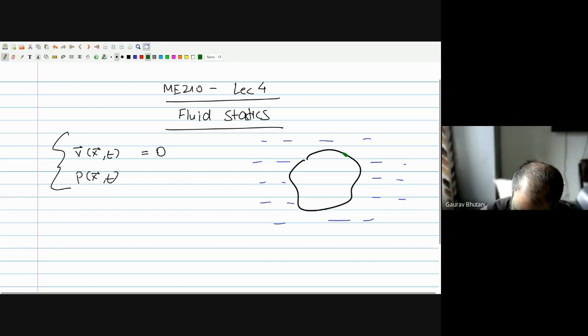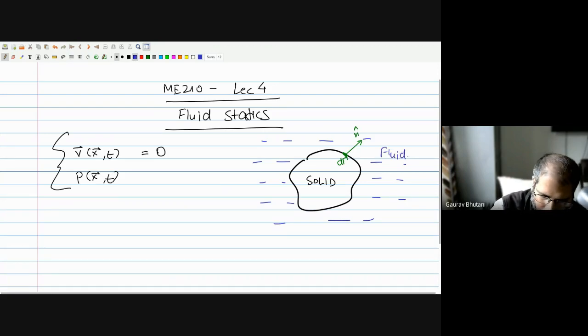Let's say the area has an outward normal called n hat. As we know, for areas we use vectors to denote the direction of the outward normal to the area. And this infinitesimal area is denoted by d gamma, capital gamma symbol. This is a solid, let's say. Okay, and the force acting because of the pressure of the fluid on this area d gamma, we'll call it dF.